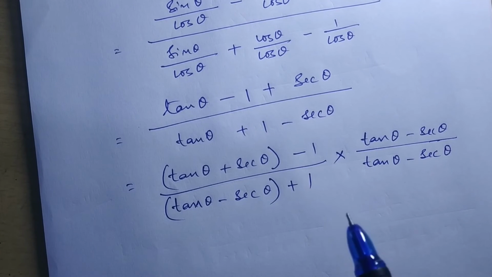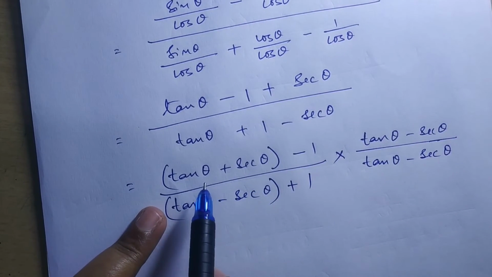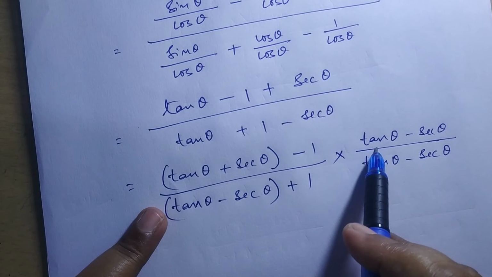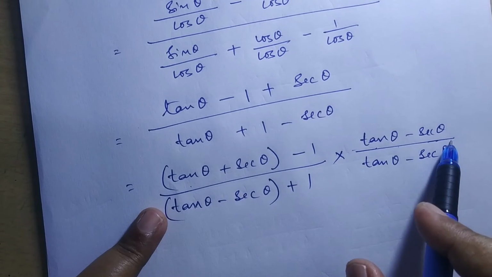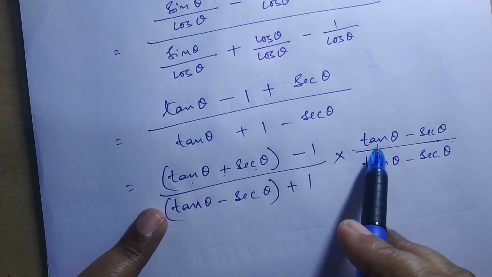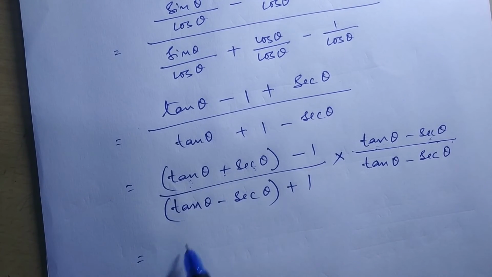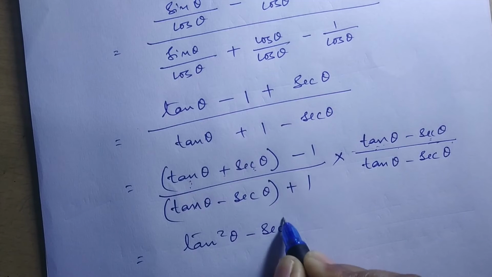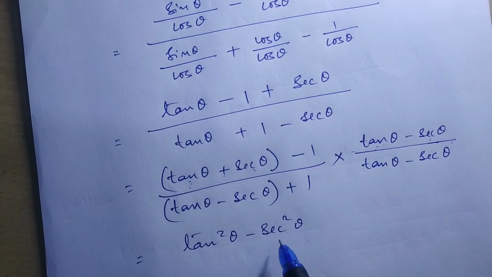So tan theta plus sec theta into tan theta minus sec theta. It is a plus b into a minus b, so in the numerator you will have tan square theta minus sec square theta, because a plus b into a minus b is a square minus b square.